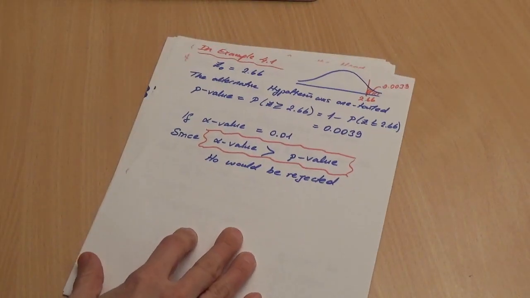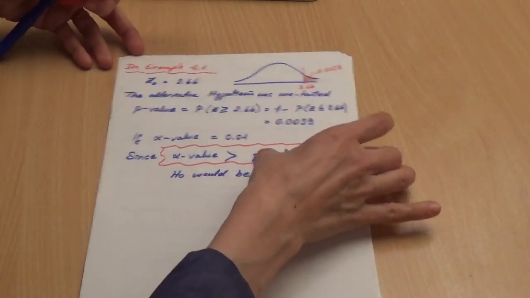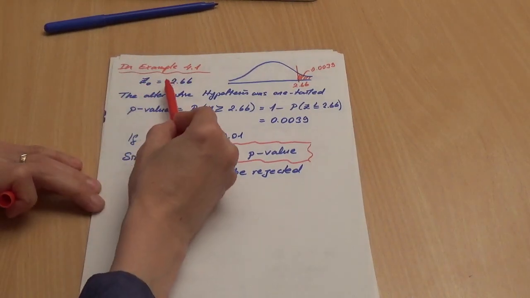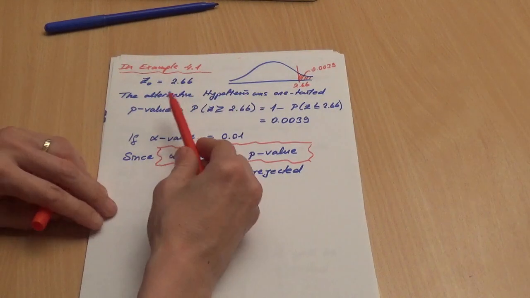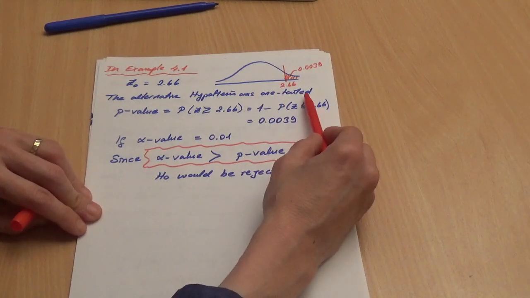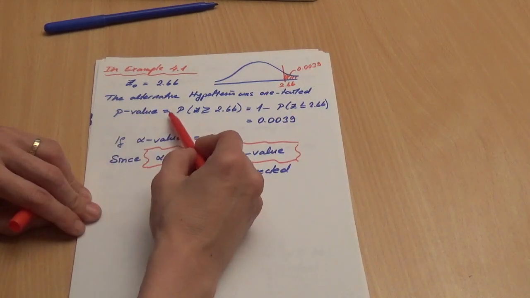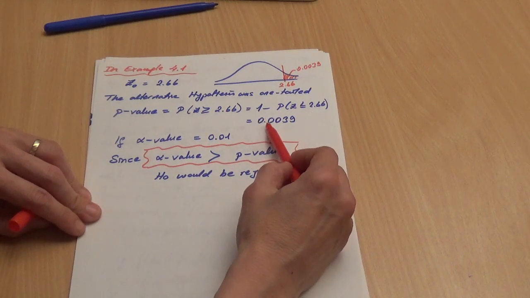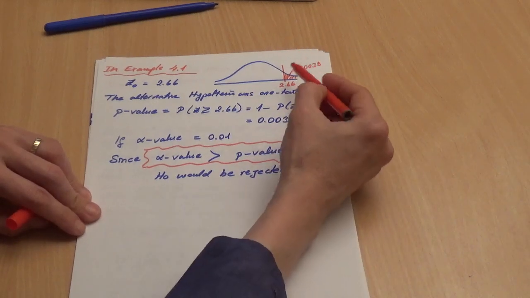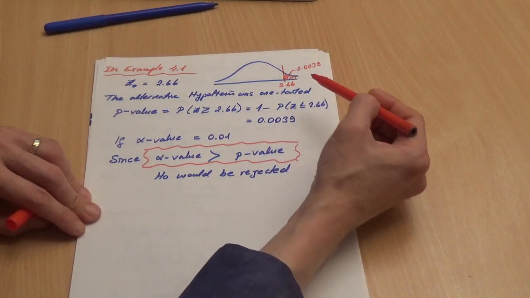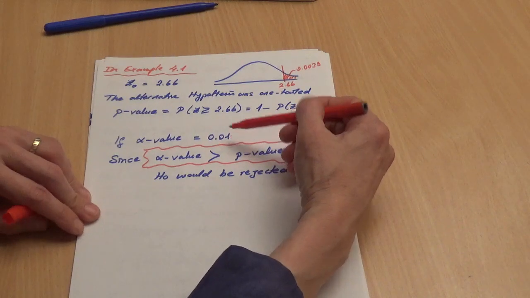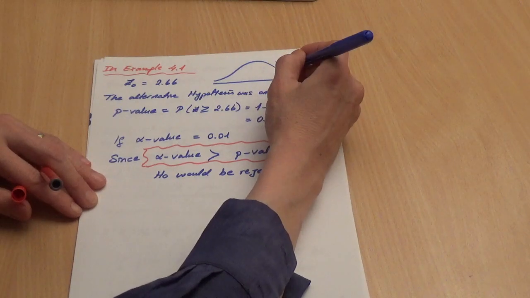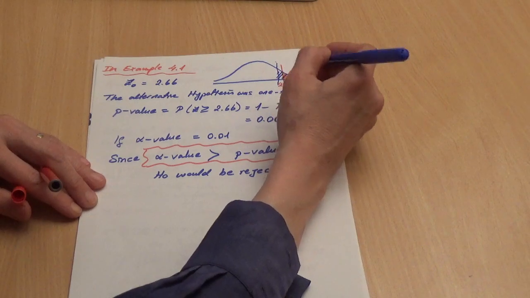So in example 4.1, the z-value was 2.66. The alternative hypothesis was one-tailed, and p-value, as we calculate from the z-value, was 0.0039. Now, where is it? If our alpha value is 0.01, then our alpha value should be like here, because it's greater than this.